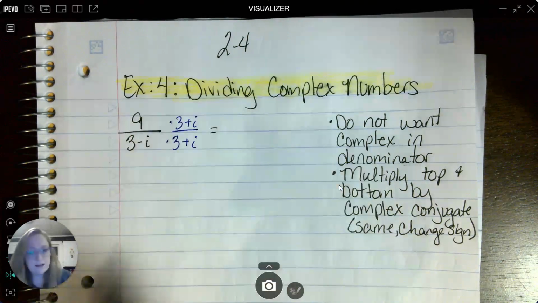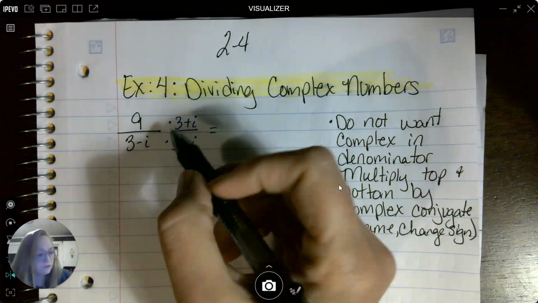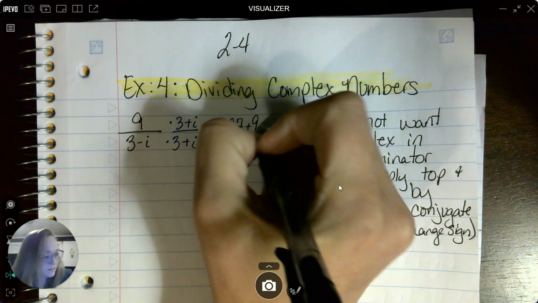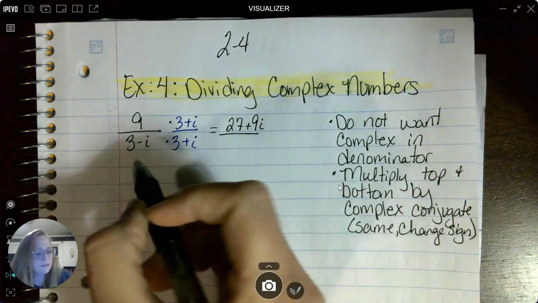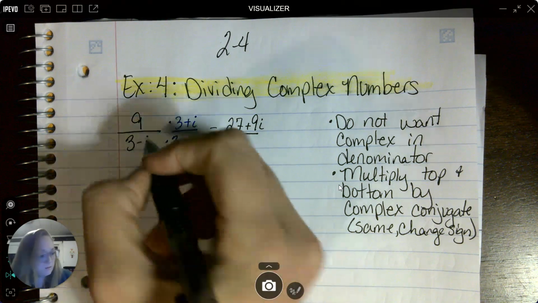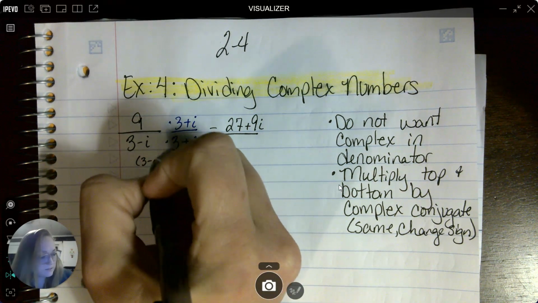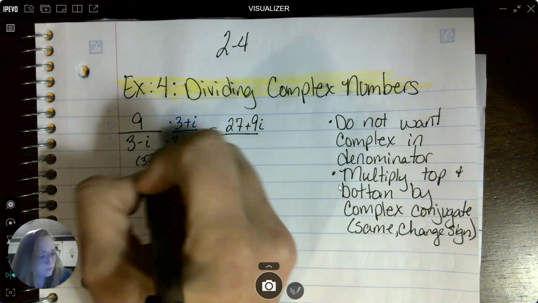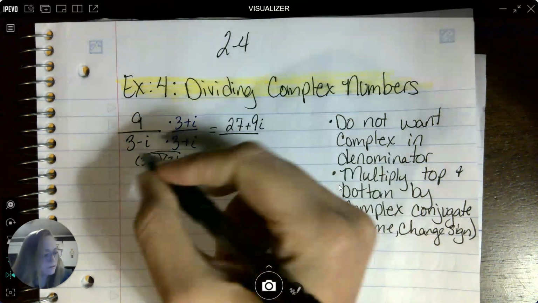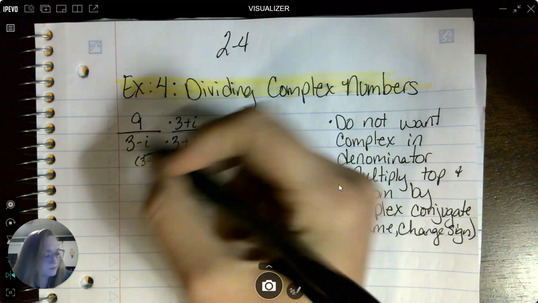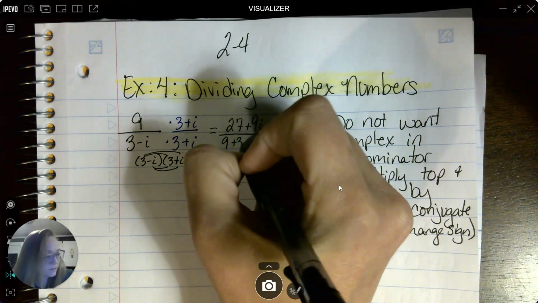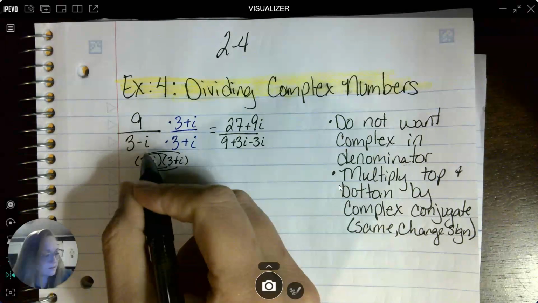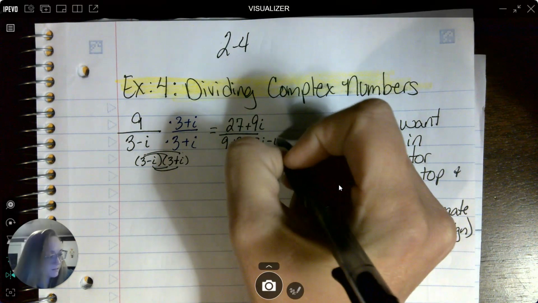Then I'm just going to distribute that 9 to the 3 and to the i, so I get 27 plus 9i over, and again this would be like the FOIL method. 3 minus i times 3 plus i, so it'd go over, over, under, under. So 3 times 3 is 9, 3 times i is 3i, negative i times 3 is negative 3i, negative i times i is negative i squared.